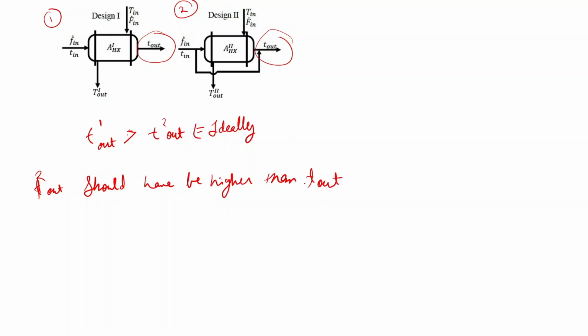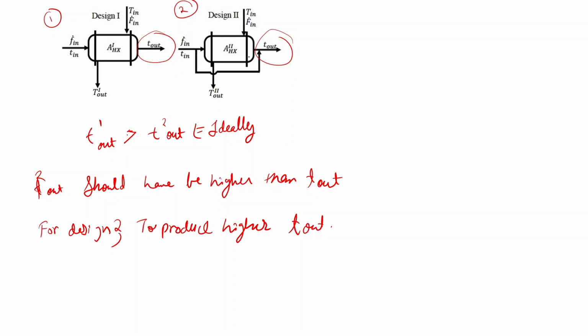So for design 2, we need to produce this higher T out. To produce higher T out, we need to increase the area of heat exchange.